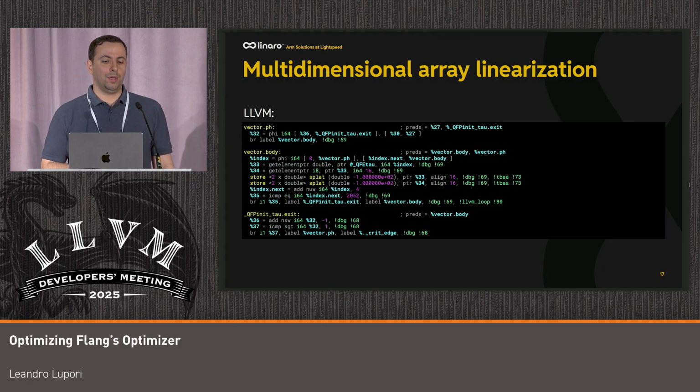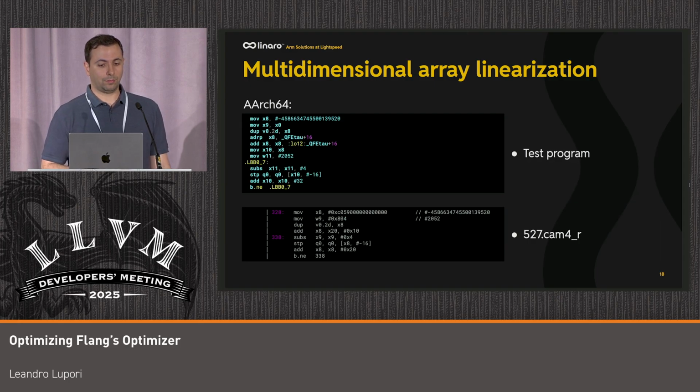And in LLVM-IR, this also now is a single loop, and it was even able to group the stores of pairs of doubles this time. And finally, in the assembly instructions, we can also confirm that it becomes only a single loop for the initialization.